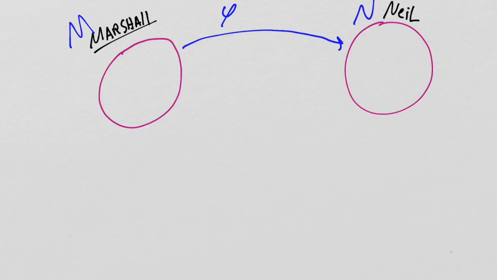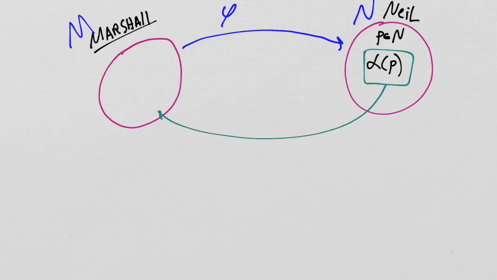So if I have a cotangent field on Neal, which I might call alpha of P, where P is a point in Neal, so P is an element of Neal, then I can take this cotangent field and pull the field back to create a cotangent field over here, which I think the notation was phi star.